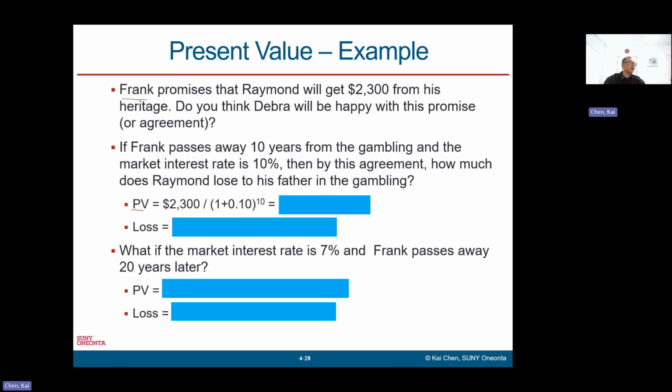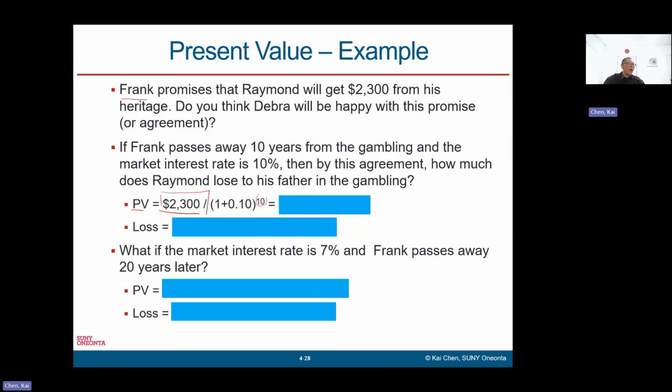Present value equals future value. What is the future value? The future value is $2,300, divided by 1 plus R, where R is 10%, which is 0.1 in decimal, raised to the power of 10 years. Raymond will receive $2,300 10 years from now.